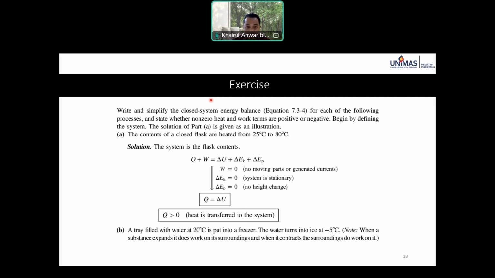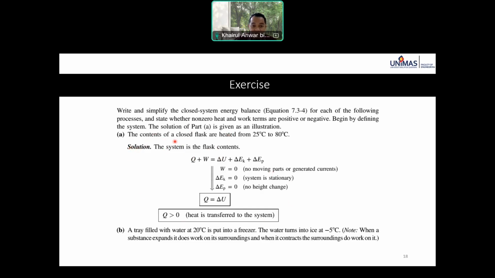For exercise, write and simplify the closed system energy balance 7.2-4 for each of the following processes. Try this exercise. The first question will be given with the answer.